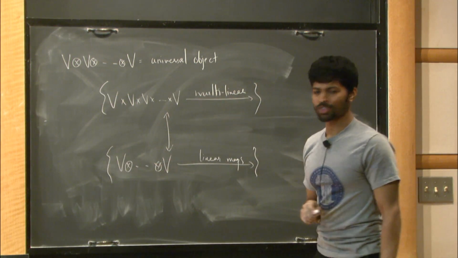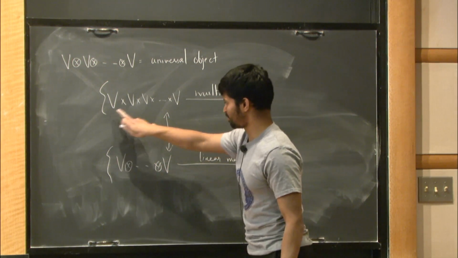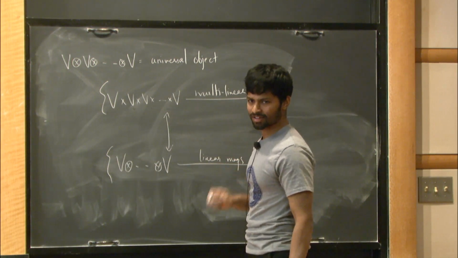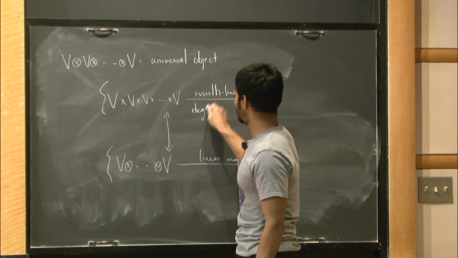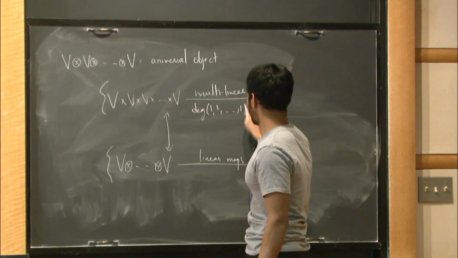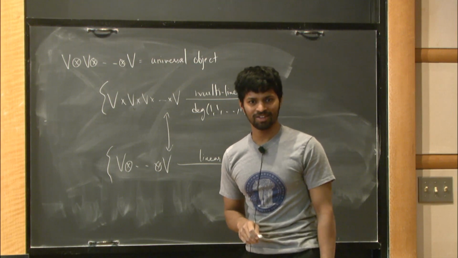Does that make sense? So when I say multilinear, you mean multilinear in each one of these guys, right? So it's not just a degree D map, it really is a degree 1,1,...,1 map. That makes sense?